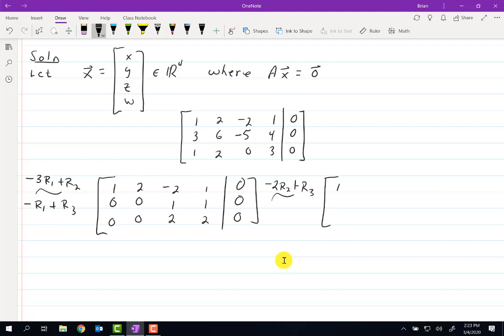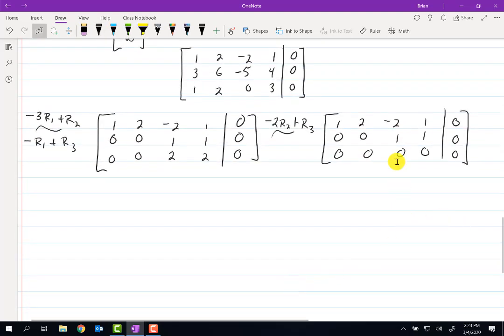So I have 1, 2, negative 2, 1. These zeros, of course, will be unaffected by anything that we do. 0, 0, 1, 1, and then finally 0, 0, 0, 0. Now, once again, I'm going to try to go as far into row-reduced echelon form as I can. So in particular, I'm going to take twice the second row and add it to the first row to wipe out that particular entry. So I'll take 2r2 and add it to r1.